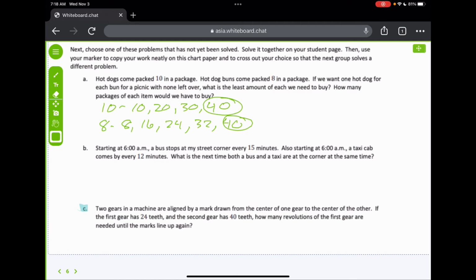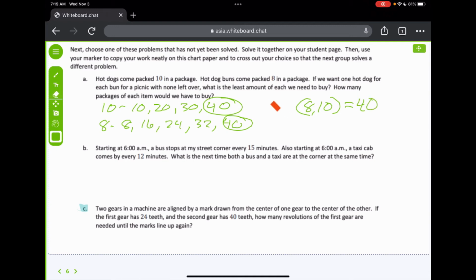Now you're going to get 40 hot dogs with buns. I'm sorry, you're not going to buy 8. You actually write it like this. The least common multiple of 8 and 10 is 40.